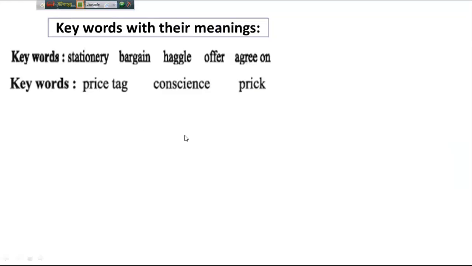Before going to the text, we should know some unknown words so that we can understand the text easily. The first 5 words are from lesson 4 and the last 3 words are from lesson 5.